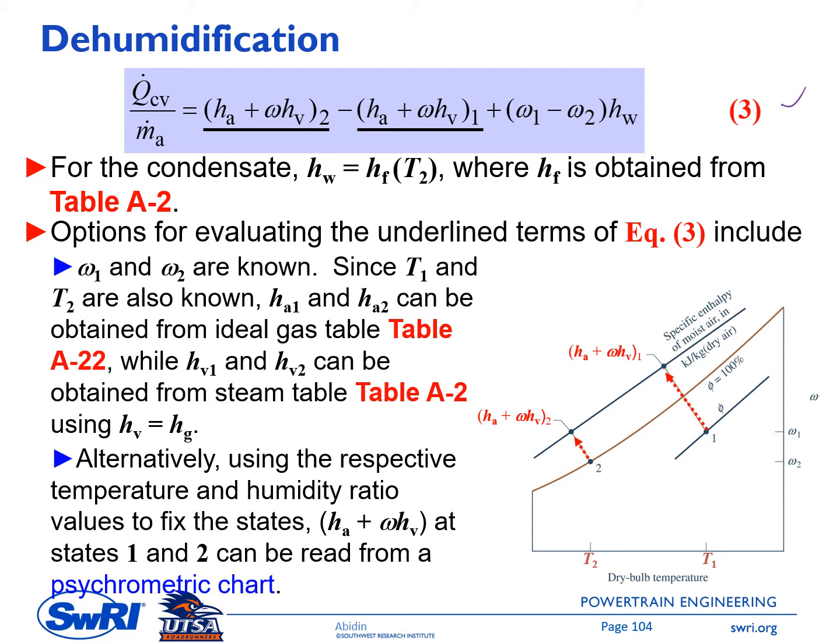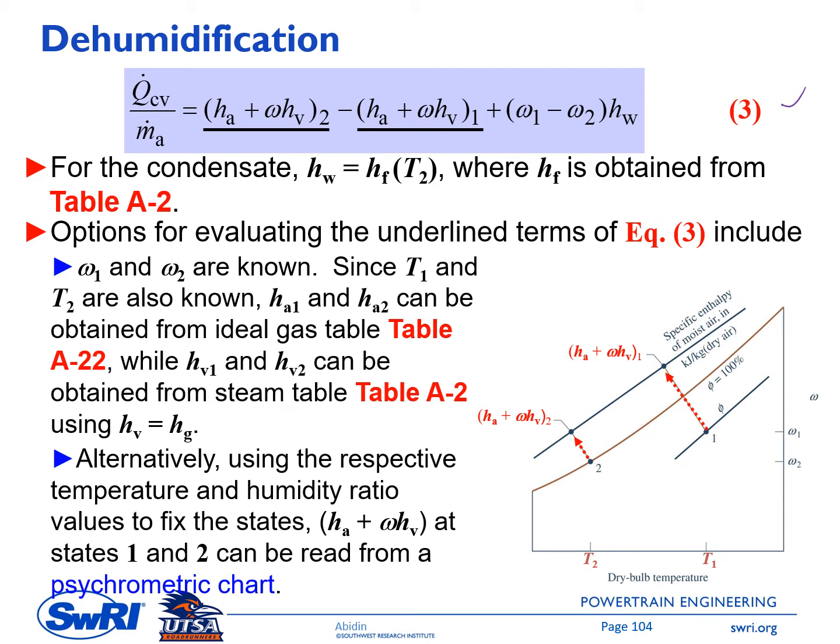And then the options for evaluating the underlined terms of equation 3. The first option is, if we know omega 1 and omega 2, along with the given T1 and T2, hA1 and hA2 can be obtained from table A22 for dry air, while hv1 and hv2 can be obtained from the steam table A2.